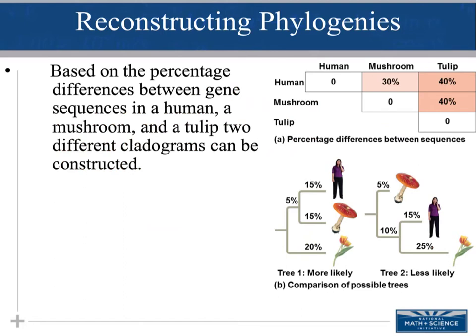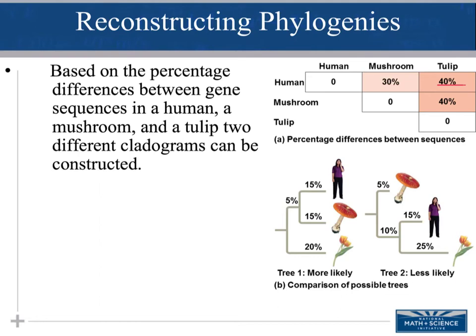So if you look at it, between humans and mushrooms, there's 30% difference, versus humans and tulips, where there's 40% difference. So the one that makes the most logical sense tells us that humans and mushrooms should be close to each other, okay? Whereas humans and tulips should be furthest away from each other, because they have the most differences in between, okay?